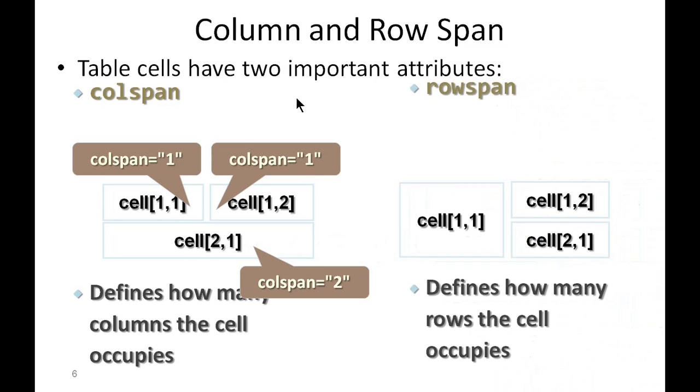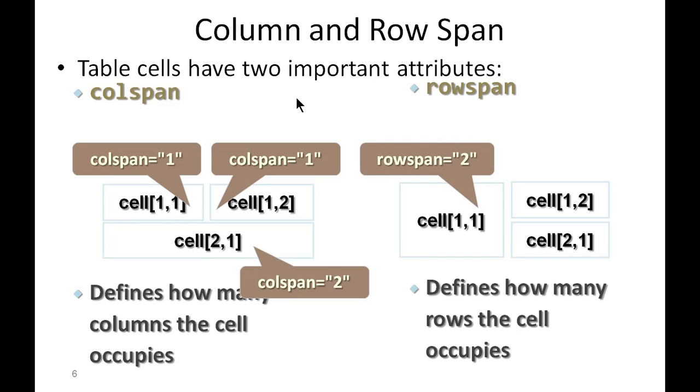Then the second is row span. Row span defines how many rows are occupied within a cell. First you can see cell 1 1 is occupying two rows. Then cell 1 2 is occupying one row, and cell 2 1 is occupying one row.